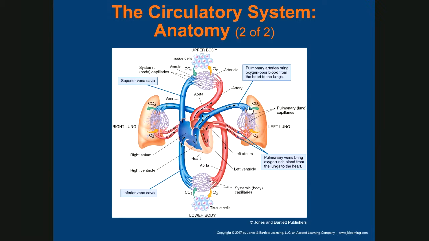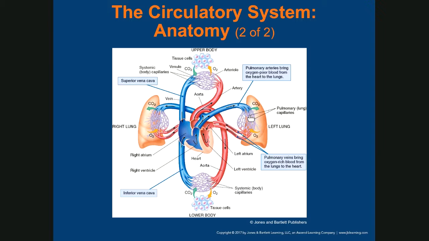When they break down to pulmonary arterioles, they will eventually break down to form pulmonary capillaries, right? The pulmonary capillaries form a net. So they form a net over the alveoli or air sac.